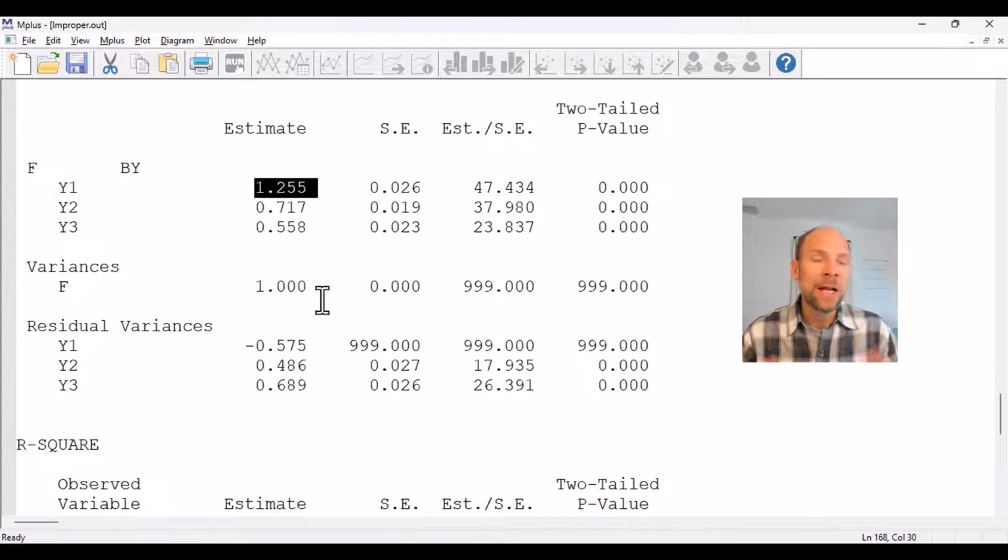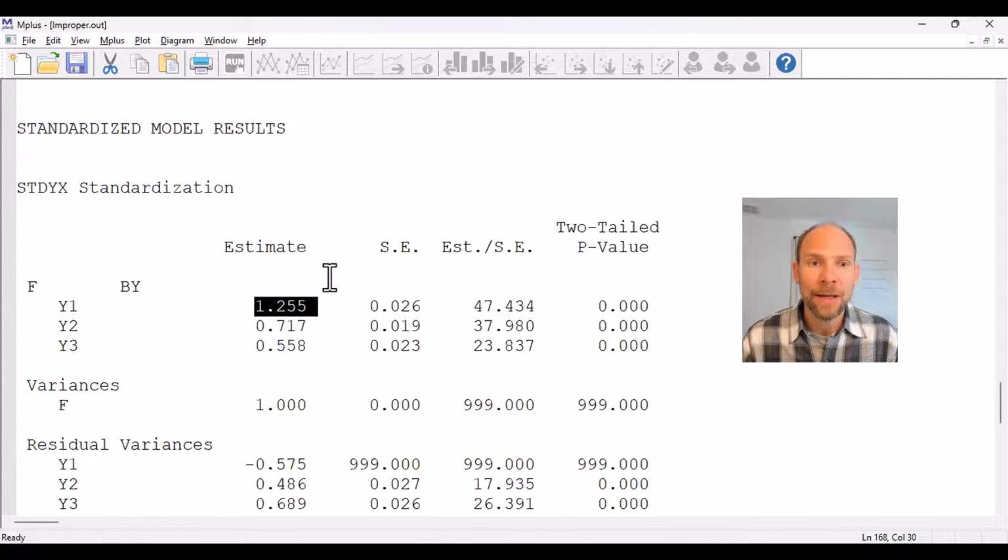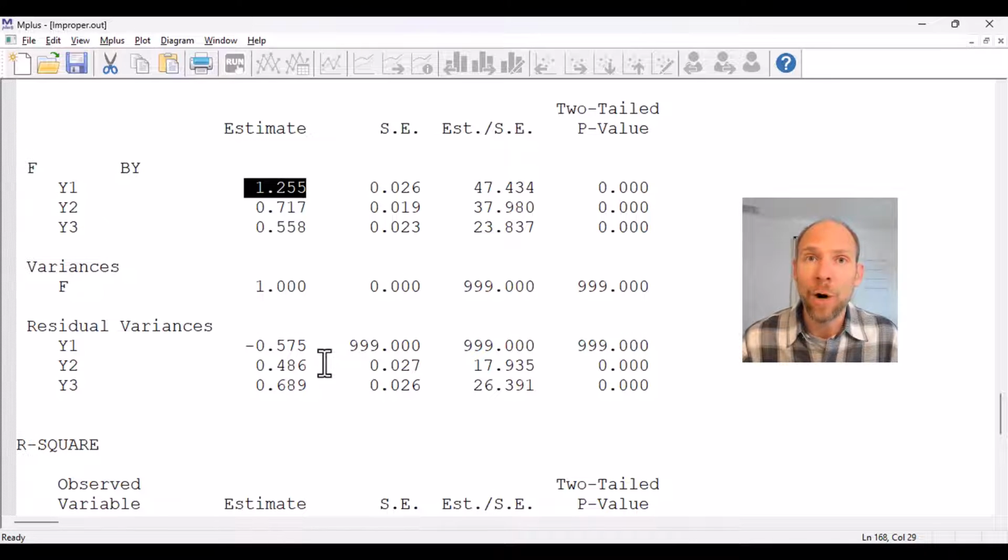So this would mean 125.5%, this correlation squared, so 1.255 squared, which would be a value above 1, would indicate what percentage of variance is explained by the factor.